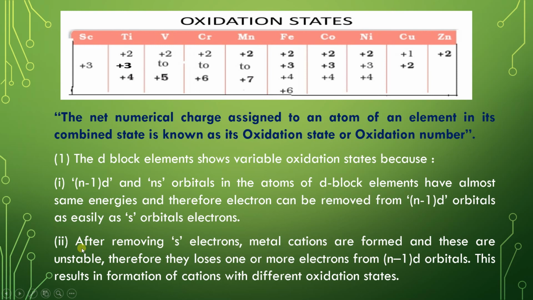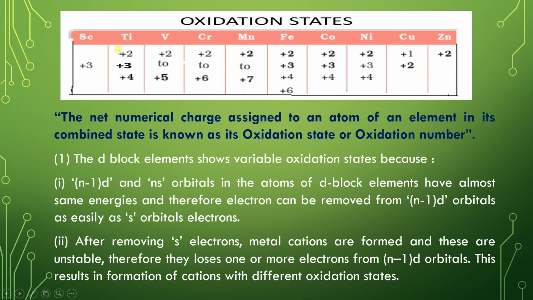And the second one, after removing s electrons, metal cations are formed, and these are unstable. Therefore, they lose one or more electrons from n-1 d orbitals. This results in the formation of cations with different oxidation states.